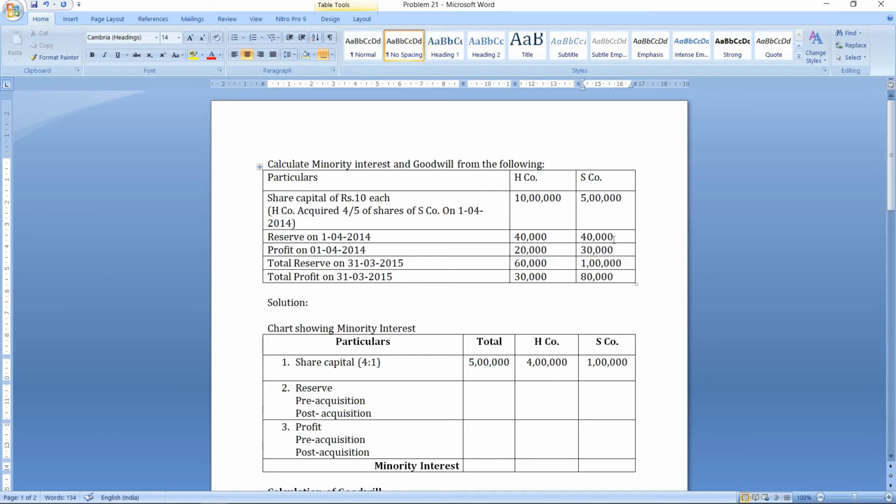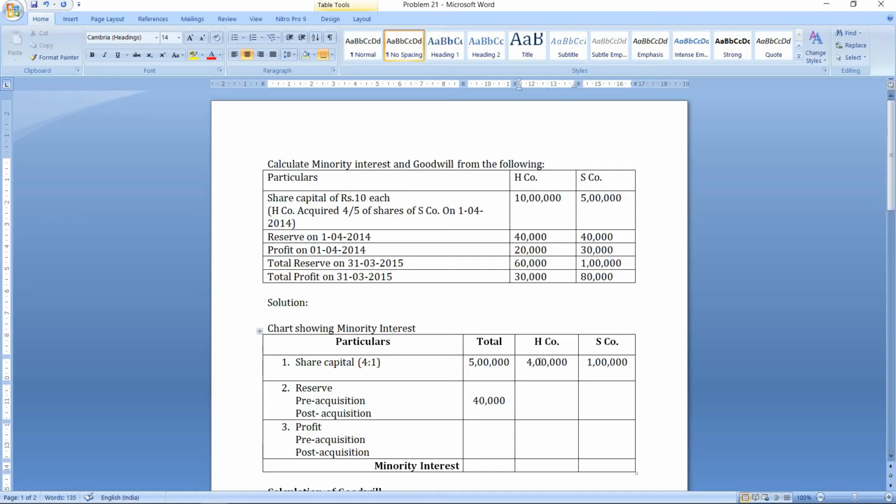What is the amount? Amount is 40,000. Here they have given you total reserve on 31/3/2015, so this is at the end of the year. This is the reserve at the beginning of the year when shares are acquired by H company. So this 40,000 is pre-acquisition reserve. We will take it here, 40,000.